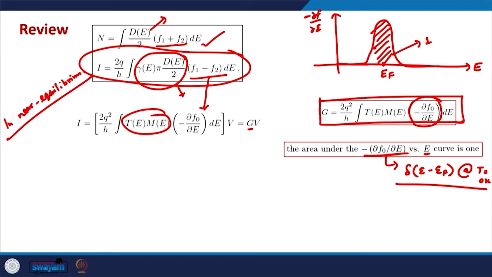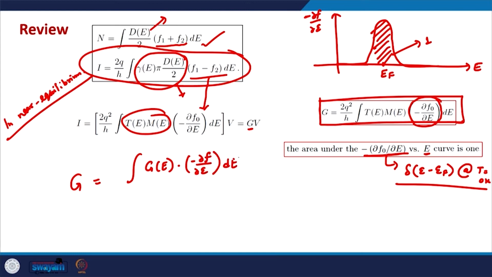Okay. And finally, what we saw was that the total conductance of the device can be written as the average of the conductance function over the Fermi window.